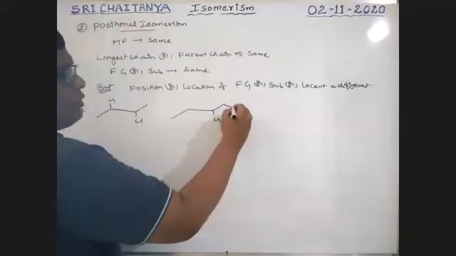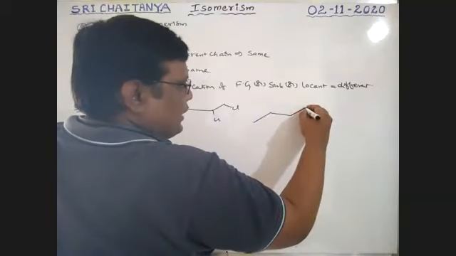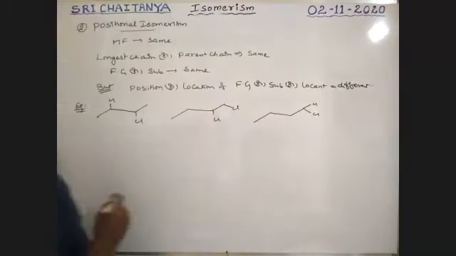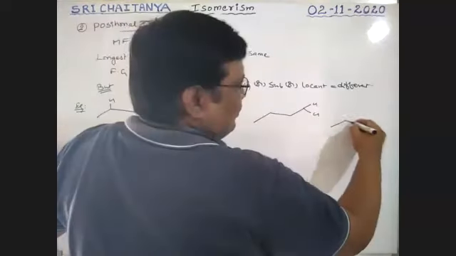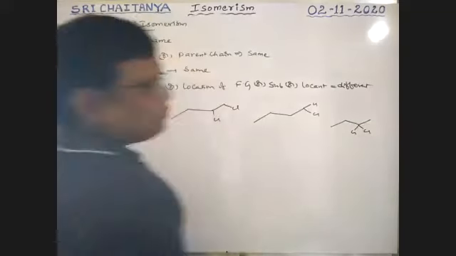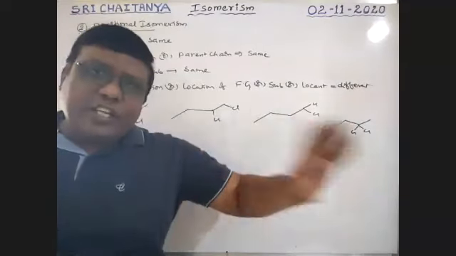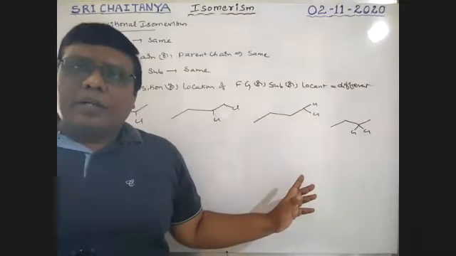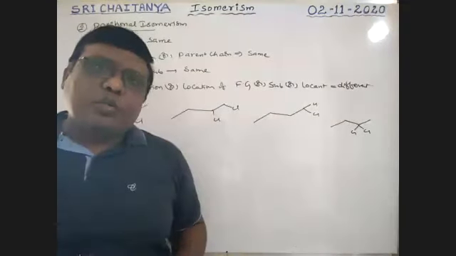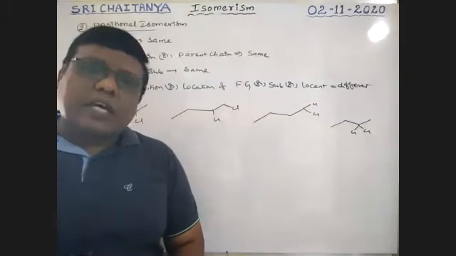So I'm giving 2 chlorines like this: 1,2-dichlorobutane, 1,1-dichlorobutane, 2,2-dichlorobutane. All these are 4 carbon chains, boys. Longest chain same, substituents both are chlorine, same. But the position of the substituents is different. That's why all these are considered positional isomers.